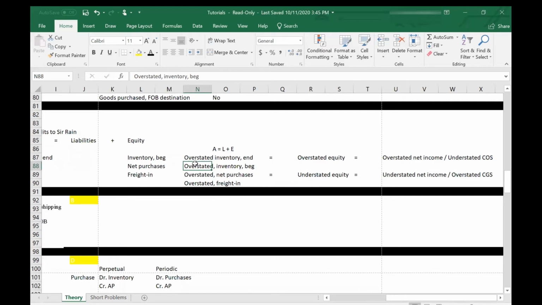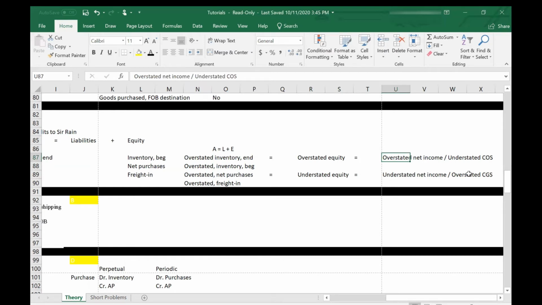So if you overstate these things, you are also overstating CGS, which will consequently understate your net income or understate your equity, right? So again, if you overstate your ending inventory, to balance the equation you're overstating the equity. An overstated equity means an overstated net income or understated CGS.